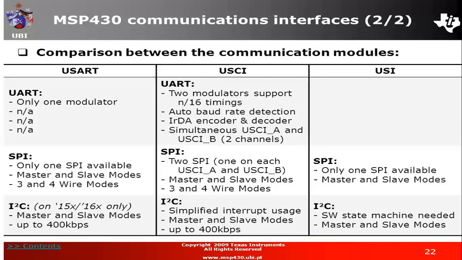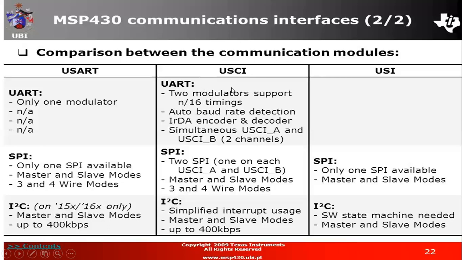So USCI has two UART modules, with timing based on divided by 16 clock frequency, and it has automatic baud rate. Already we discussed the baud rate: the number of characters per second is called the baud rate.